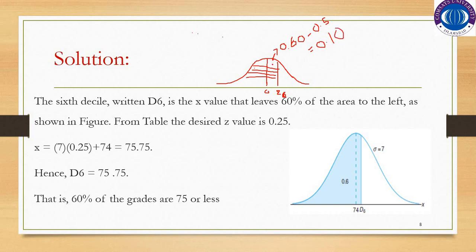So the area between the mean and Z is 0.10.